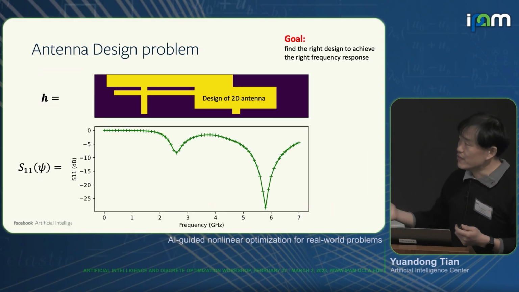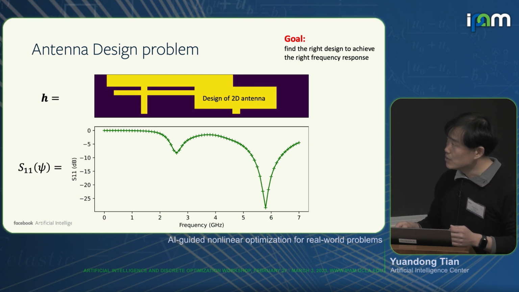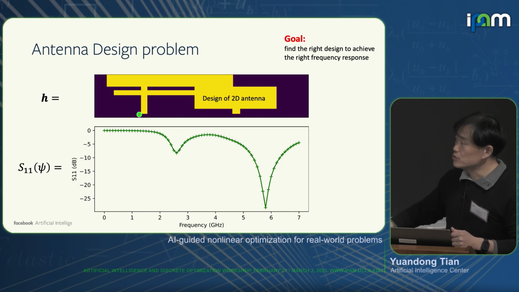For this, we have a very specific setting and application in mind, which is the antenna design problem. We basically want an antenna that looks like that. People will say, oh, that doesn't seem to be an antenna.